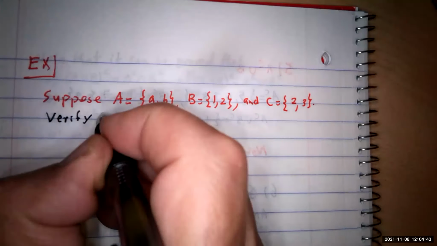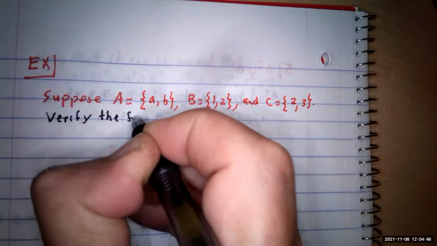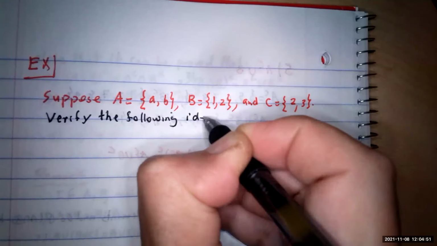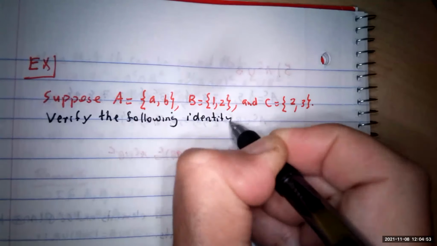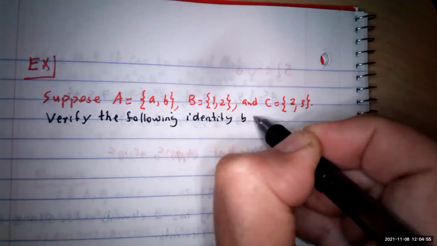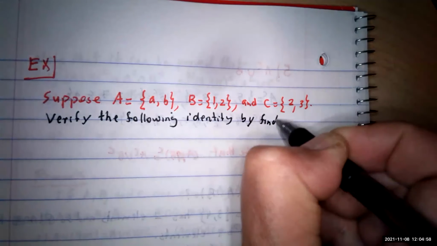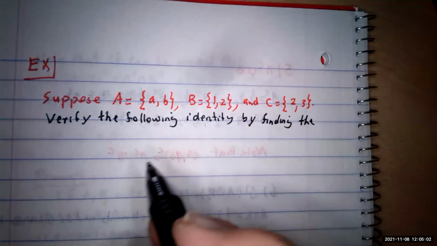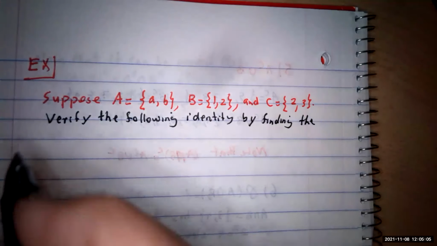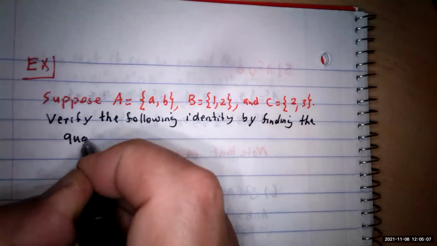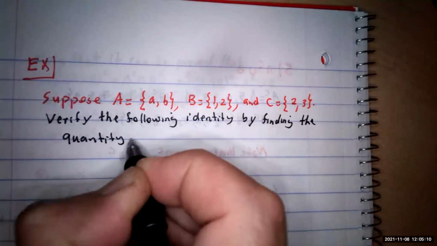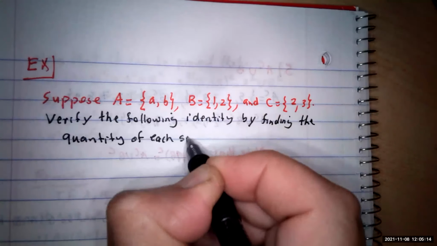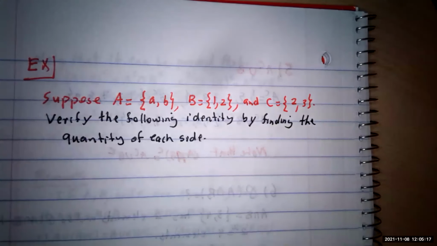Verify the following identity by finding the quantity of each side of the equation. You see, this is an identity.